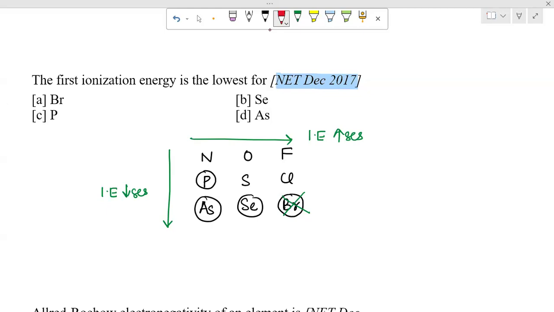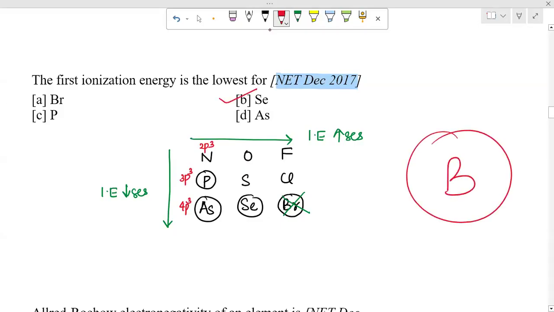What is the configuration of nitrogen? 1s2 2s2 2p3. This is 3p3. And this is going to be 4p3. So removing an electron from a half-filled orbital is of utmost difficulty. It's very hard. So it's not going to be phosphorus. It's not going to be arsenic. It's not bromine either. The correct answer is selenium. Option B is the correct answer. So be careful with it.